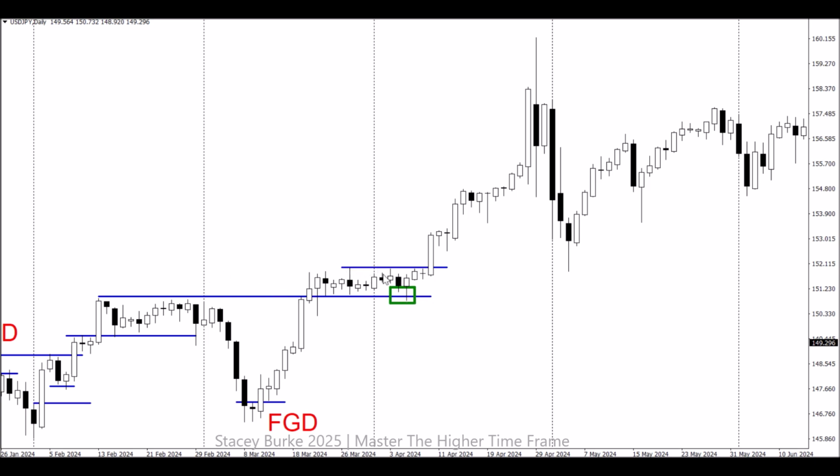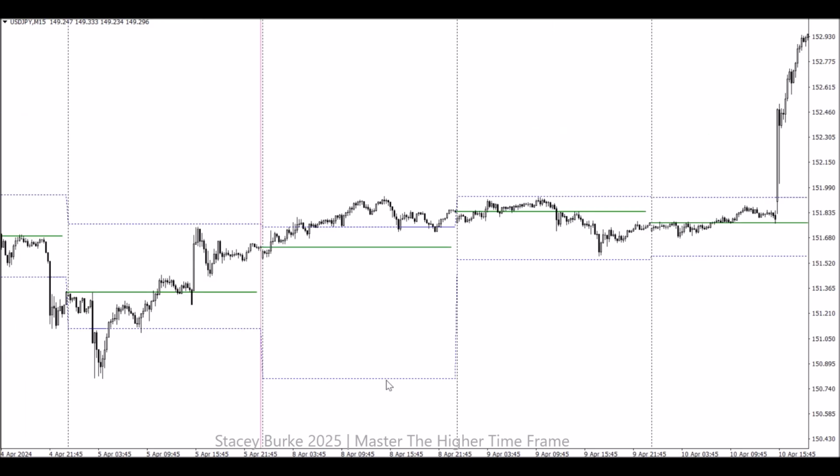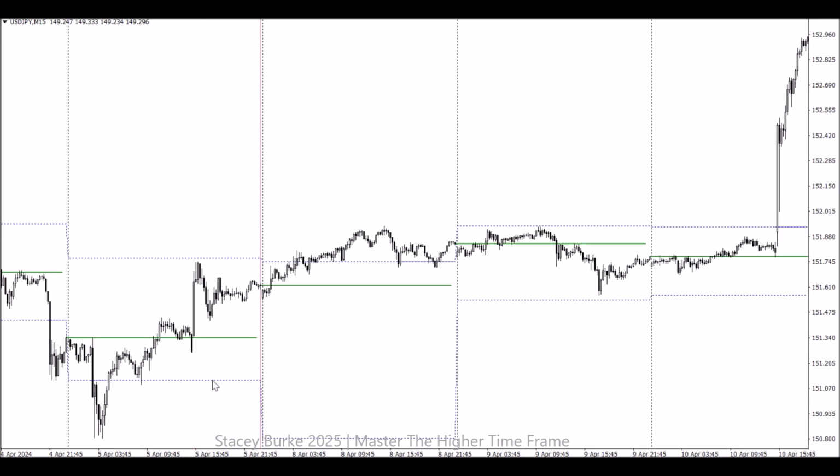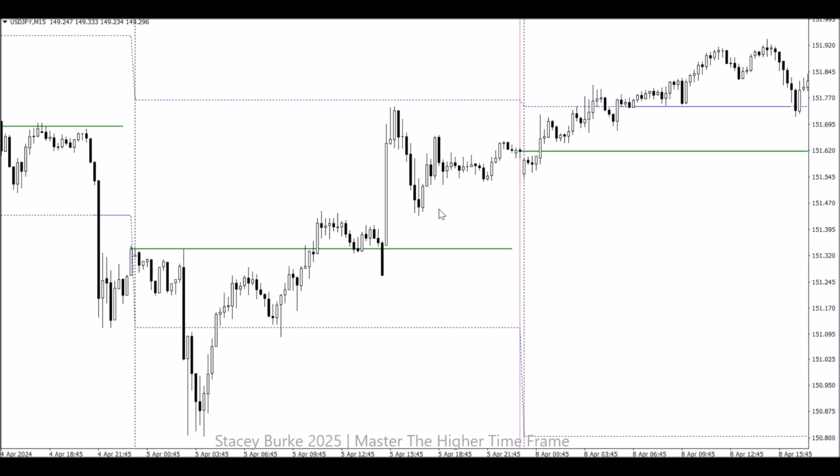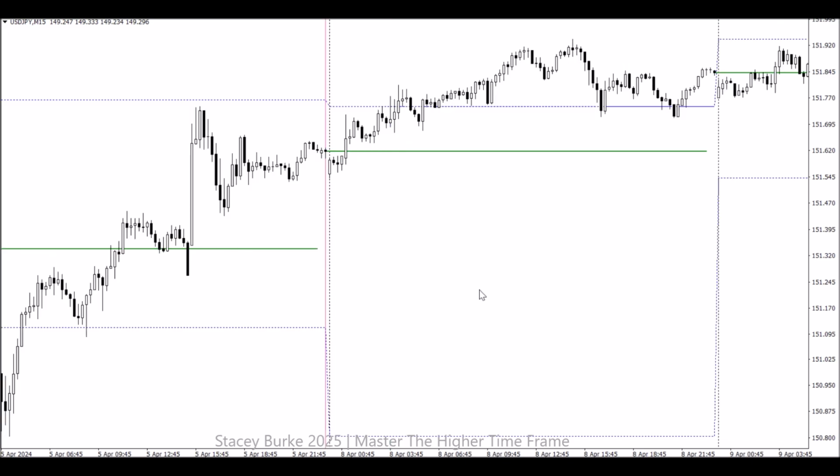Except there's no setup. There's actually no setup. But if they were paying attention to the levels, they would recognize the low of day buying opportunity may have presented in the session that they were trading in. Now, if we go to a 15-minute chart, we can follow this across and understand that we may have had an opportunity, but high impact major red news may have prevented us from being in those trades.